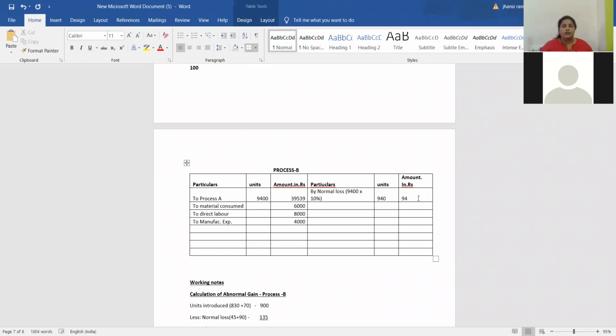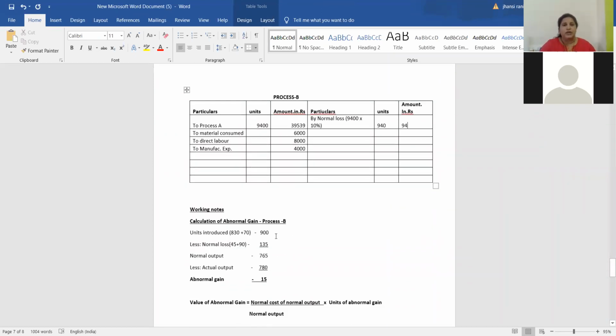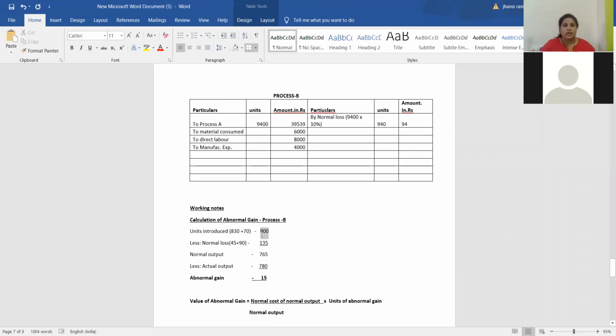Now let us find out whether we got abnormal loss or abnormal gain. Why? Because the number of units produced in the process B is 8,300. We don't know whether it's gain or loss. So units introduced in the process B are 9,400, and the normal loss we got is 940.